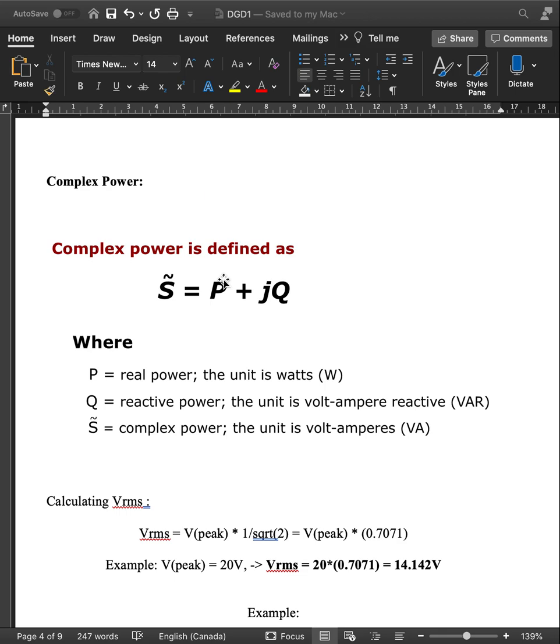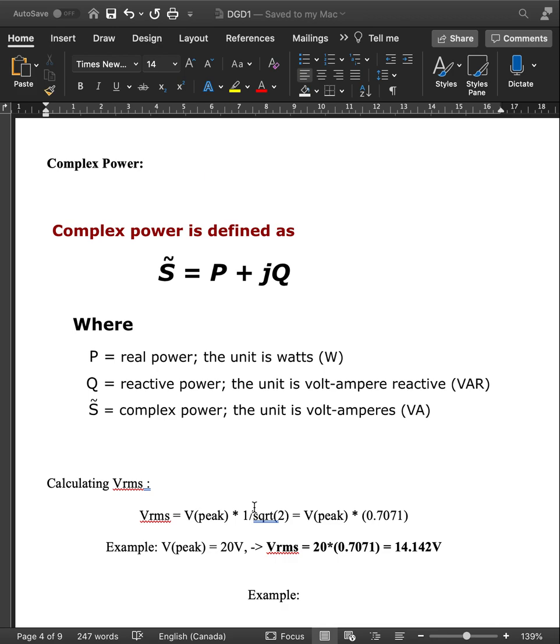the V RMS value. The V RMS is calculated as V peak times 1 over square root 2, which can be written as 0.7071. So let's say you're given a circuit whose V peak is 20, or you're given a graph that says V peak is 20 volts.